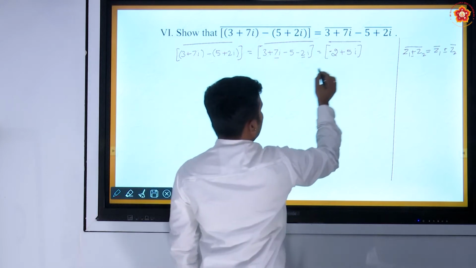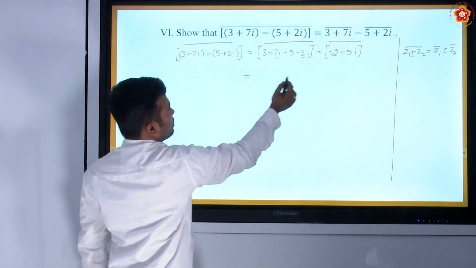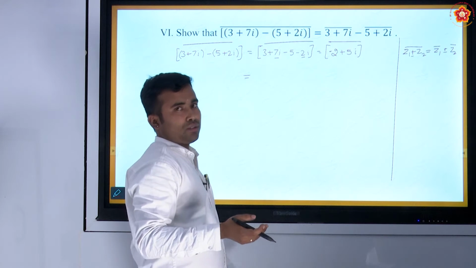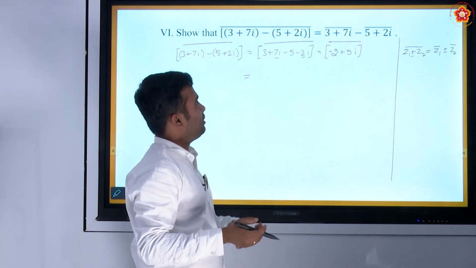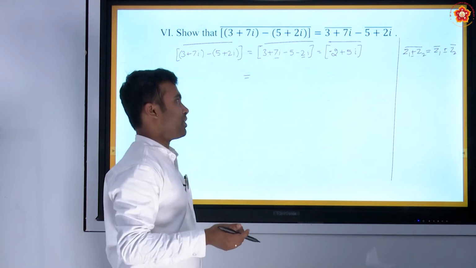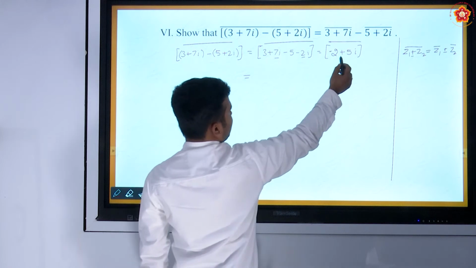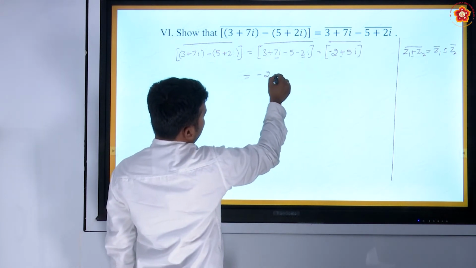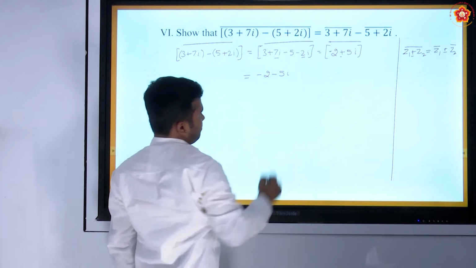Now what is a conjugate? How do you find the conjugate? You just alternate the sign of the imaginary part. The sign of the imaginary part here is plus, make it minus. So it will be minus 2 minus 5i.